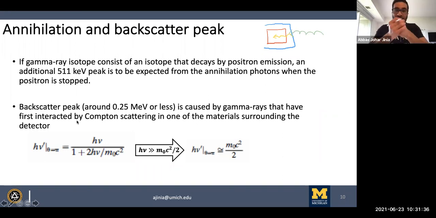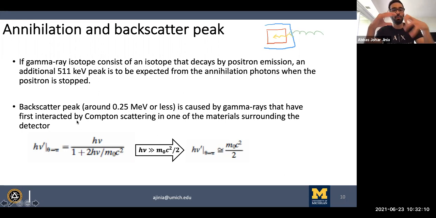Now, another thing that I want to point out is that Compton scatter can also contribute to your full energy deposition. How that can happen is a photon comes in and undergoes multiple Compton scatters, and after multiple Compton scatters, the energy of the photon is so low that it will finally be captured by photoelectric absorption in the detector volume.